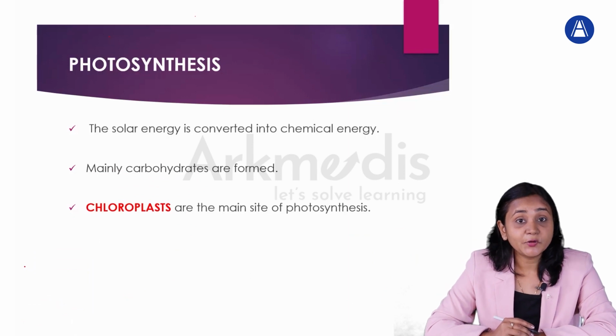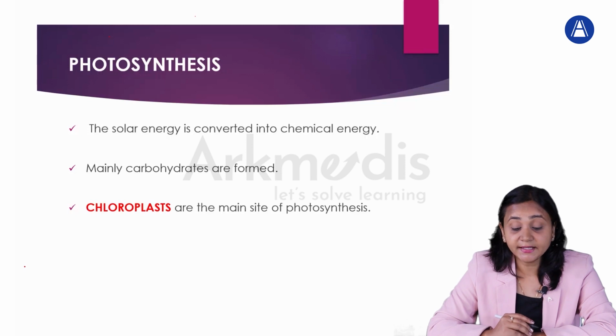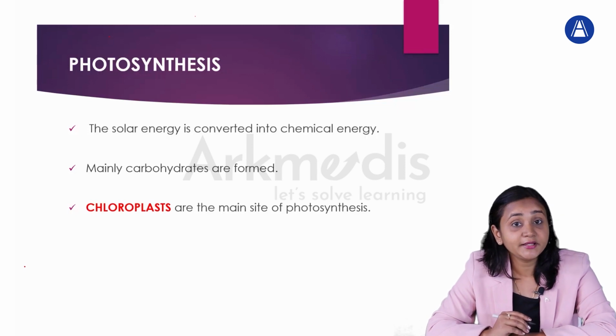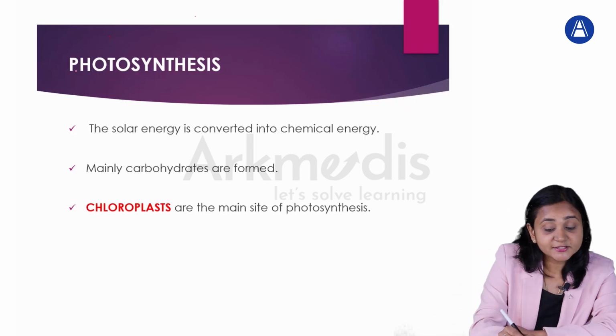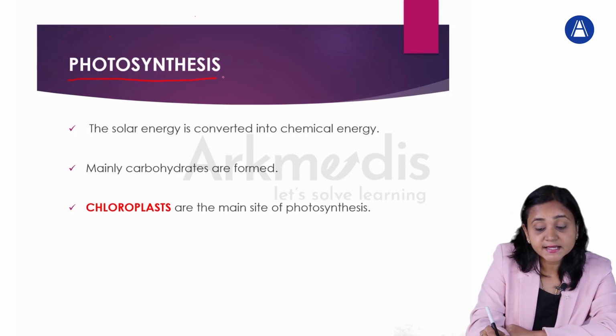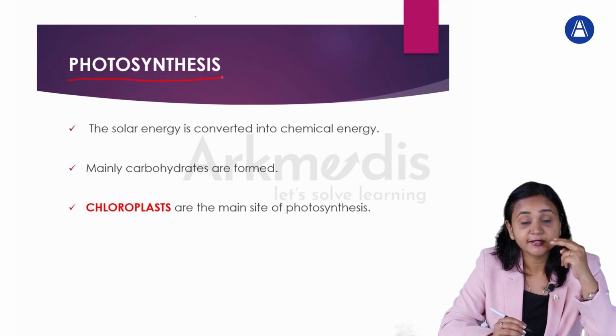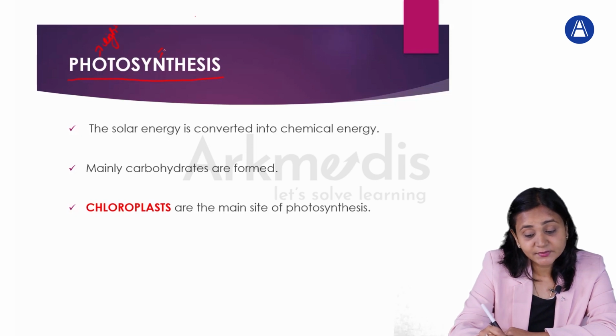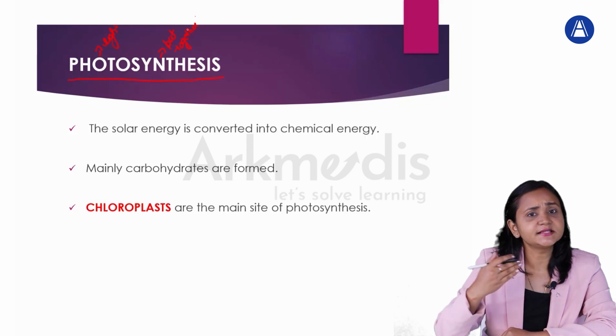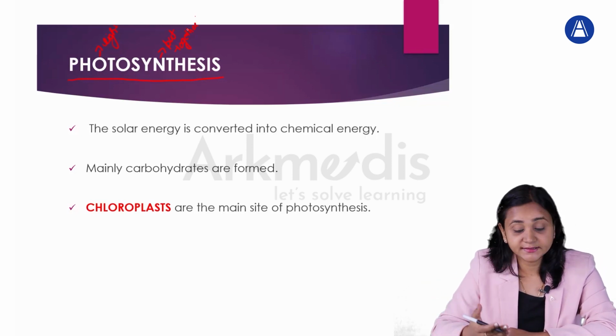Now I'll be telling you about an important process named photosynthesis that mainly occurs inside the green plants and cyanobacteria. Now, this word photosynthesis is made up of two words. First is photo, that means light, and synthesis means to put together, or simply to synthesize, mainly food in this case.